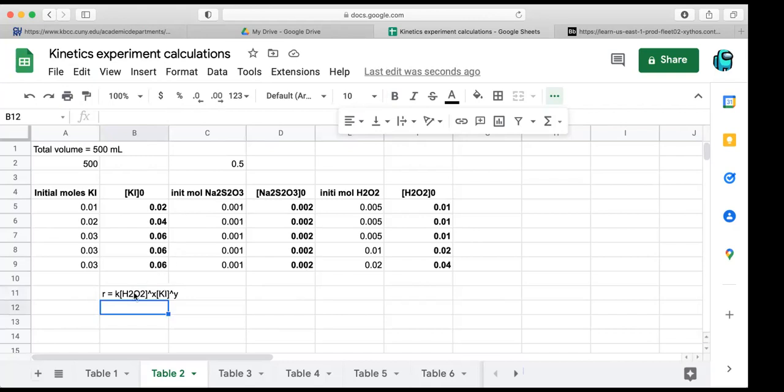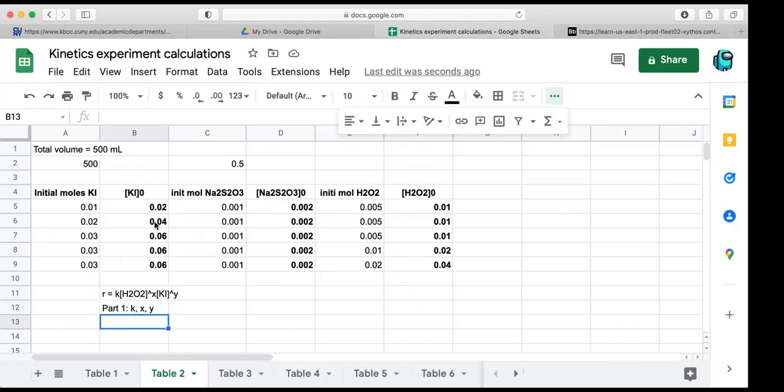So in part 1, we're trying to find the value of K, X, and Y. That's what we're trying to do. So by knowing the initial concentrations of H2O2 and KI, we're going to be able to figure out what X and Y are. And notice the way it's set up.